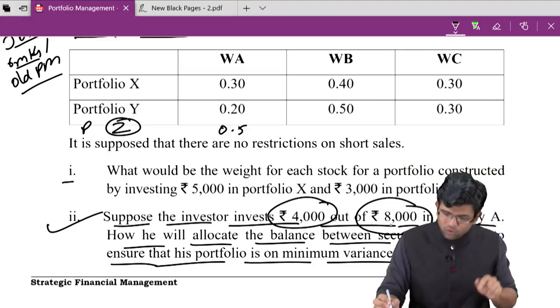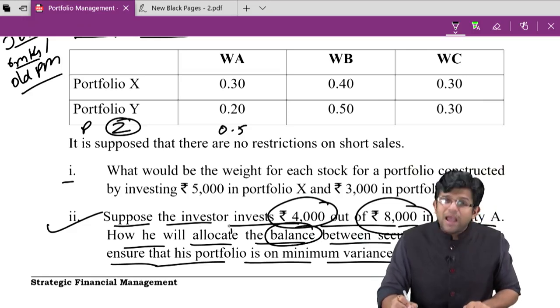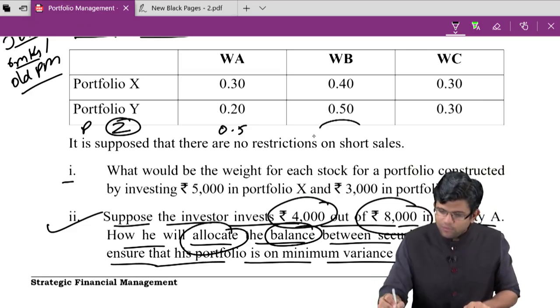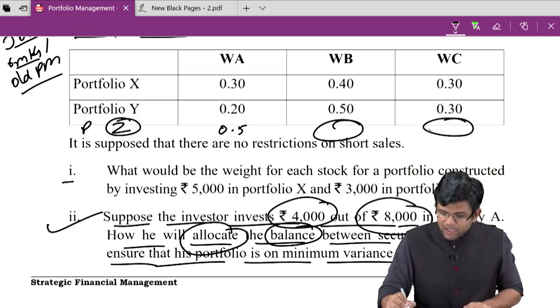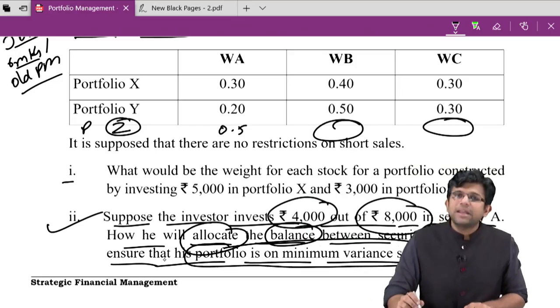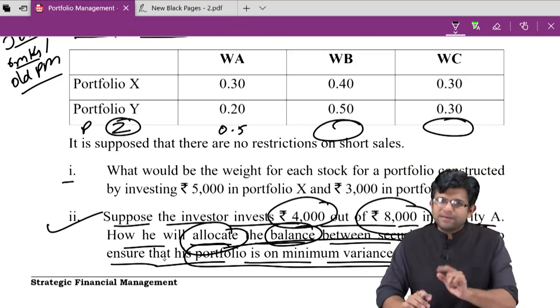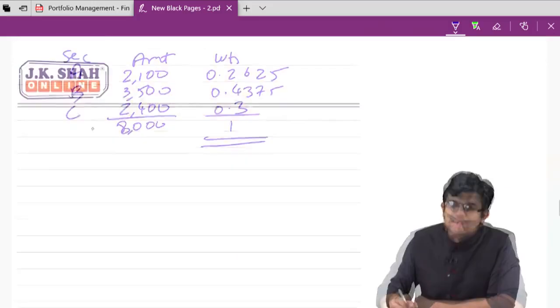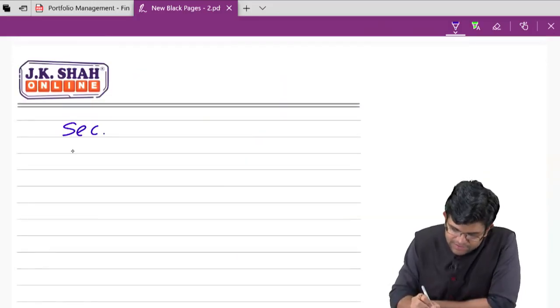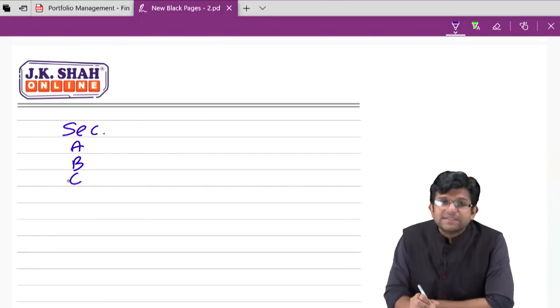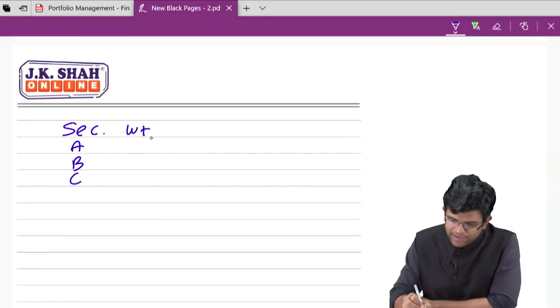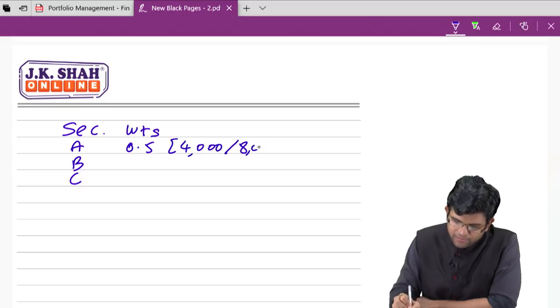Students, they are asking you what should be the balance allocation between B and C. What should be the weights of B and C so that the portfolio is on a minimum variance set? Okay, students, let's start the calculations. Very simple it is. Please pay attention. There are these securities A, B and C, and the weight of A is already decided as 0.5, which is nothing but 4,000 divided by 8,000.